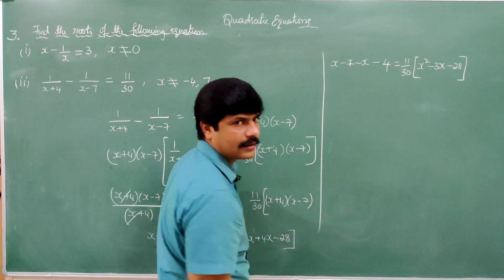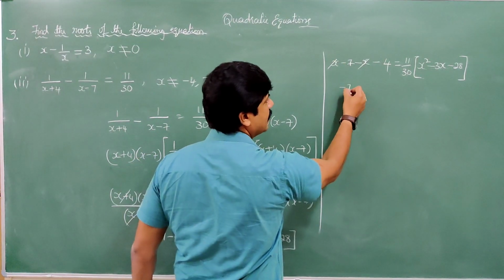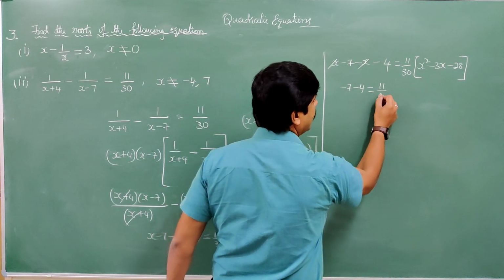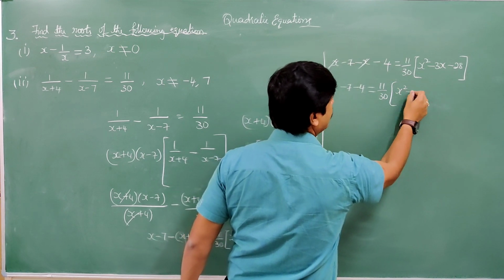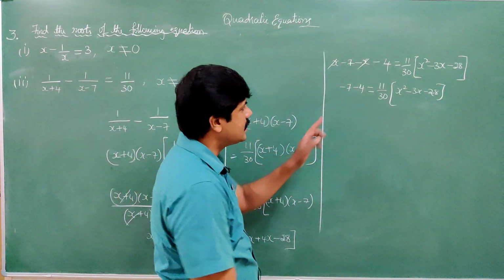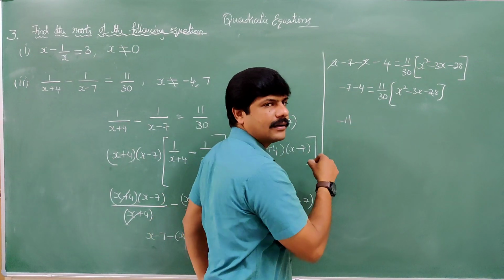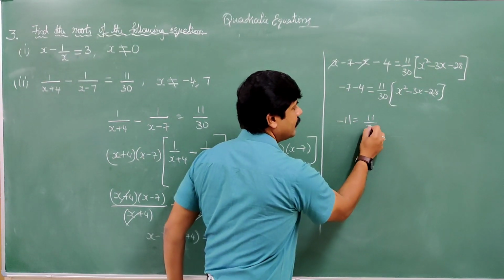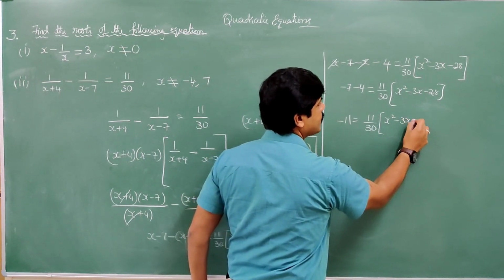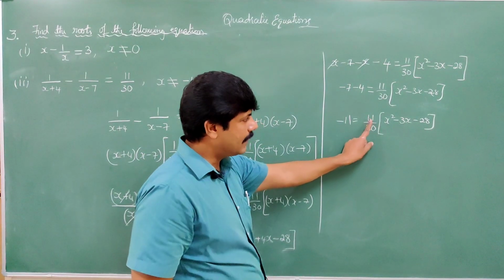Close the bracket. Now plus x minus x gets cancelled. Minus 7 minus 4 is minus 11, equals 11 by 30 into x squared minus 3x minus 28. Understand?